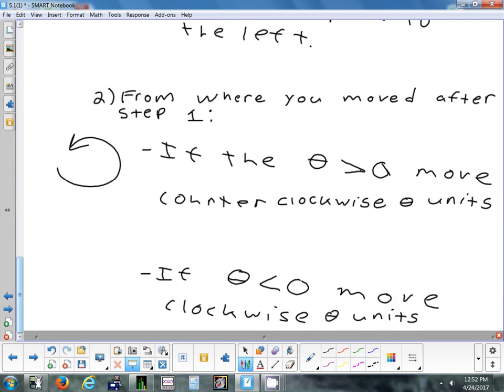Okay, go clockwise. Okay, so counterclockwise for a positive angle, clockwise for a negative angle. And that's all you really need to know to graph points in polar. That's it.